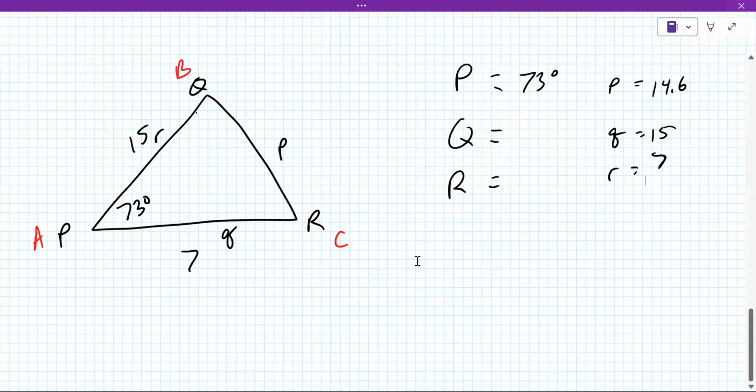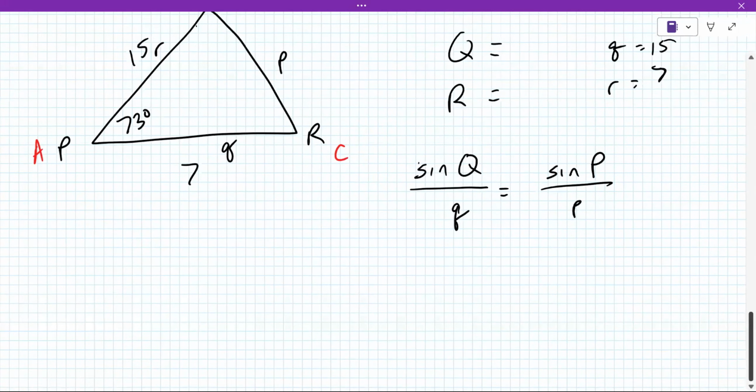We can find the big Q. Big Q. So that's sine of big Q. That's the thing we're trying to find. I always put the one we're finding at top left over Q, sine of P over little p. And then substitute the numbers now in the next line.